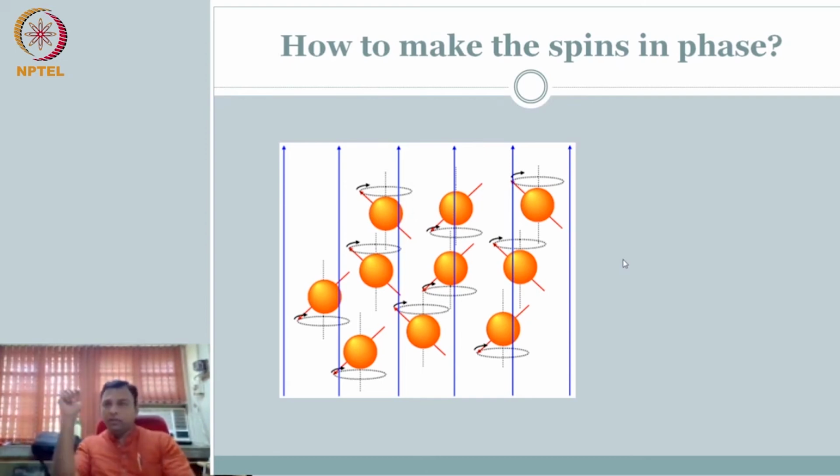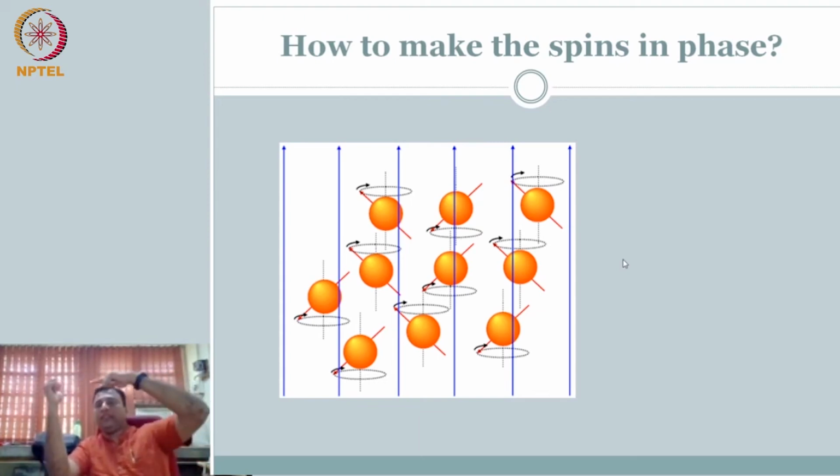If something is moving, how do I push this fellow to the ground? If I just have a force like this, then I will only hit one time. This will go here, then next time he comes, he'll go here, then he'll come.